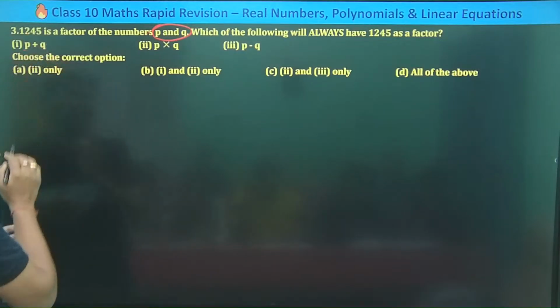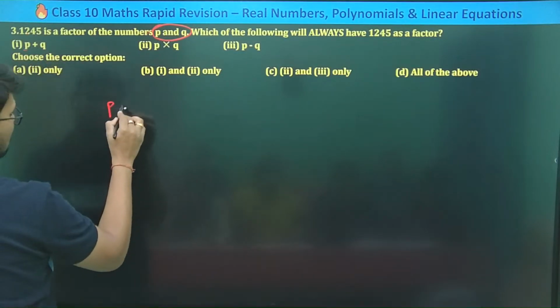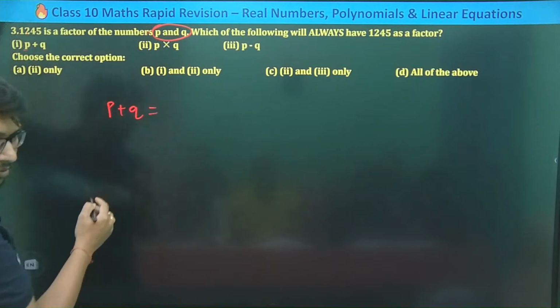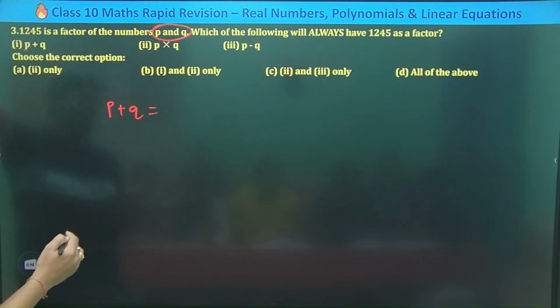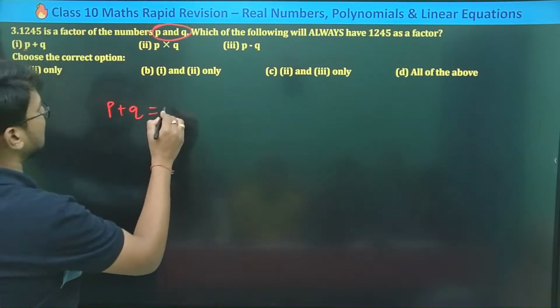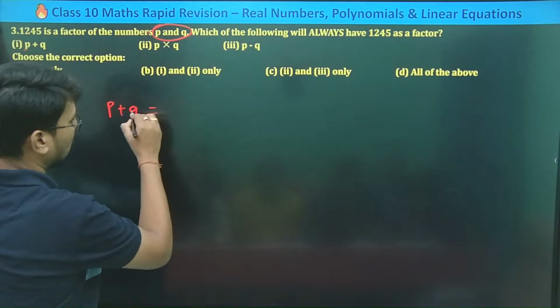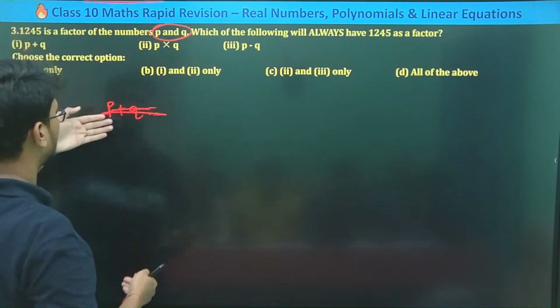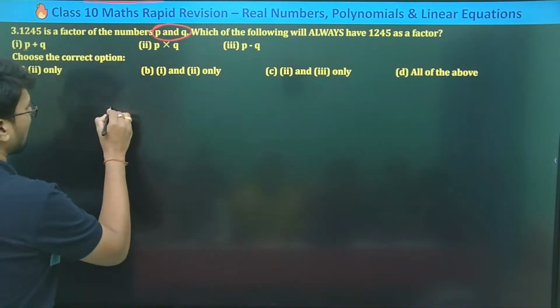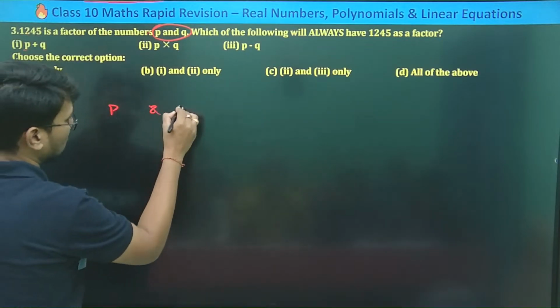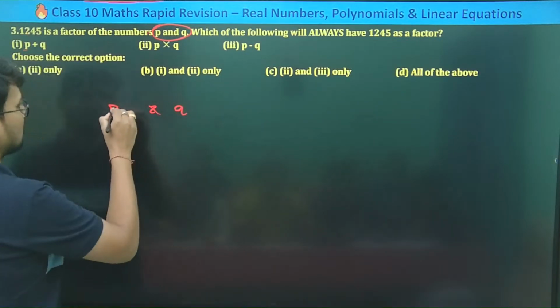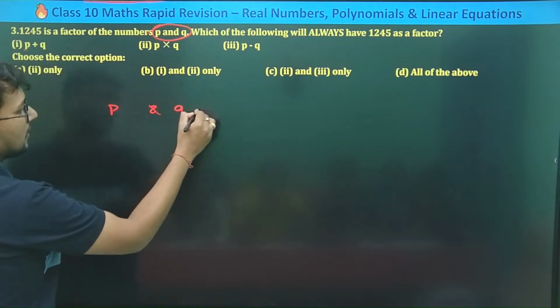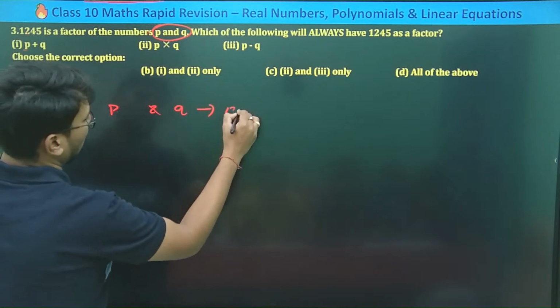Now check, P plus Q is how much? P plus Q can be written as, now what? Check. P and Q, these two's factor is what? 1, 2, 4, 5.